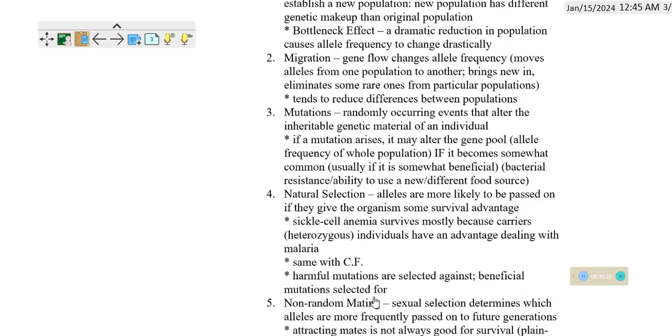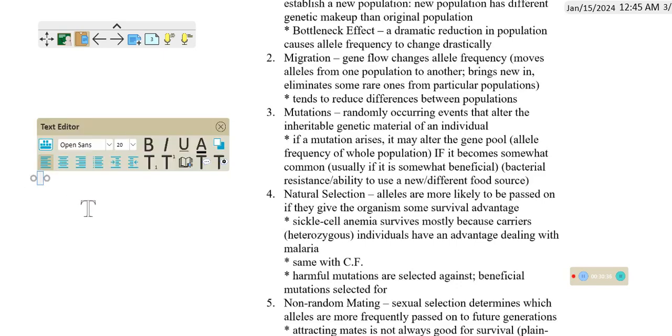You would think it would just go away, because it's a recessive condition and people who have it are at a big disadvantage. The problem is, if you're a carrier and you live in a place that has malaria, you have an advantage when you're dealing with malaria.